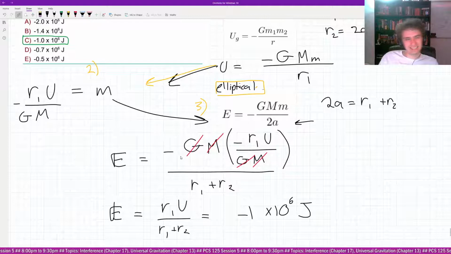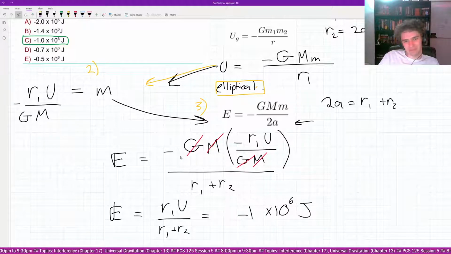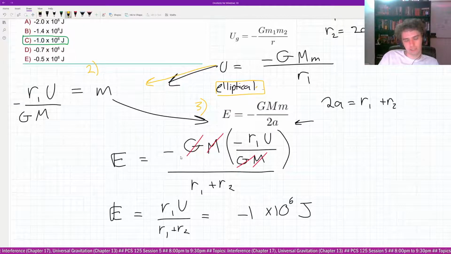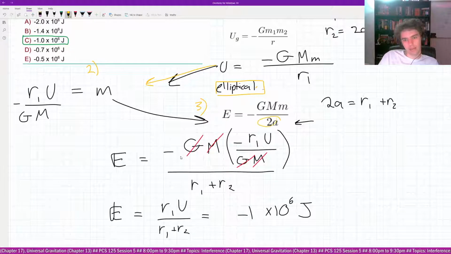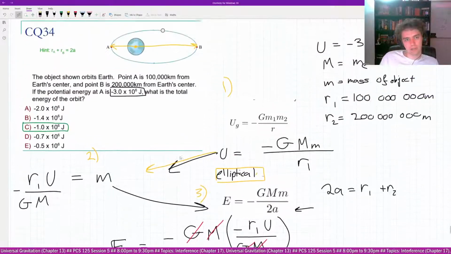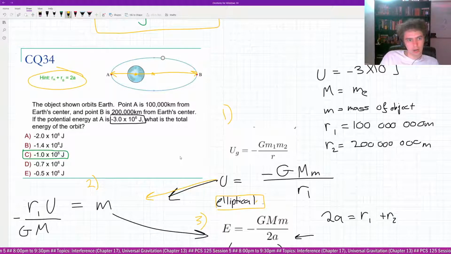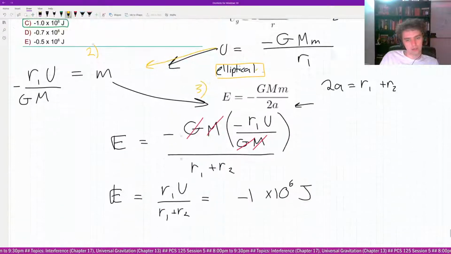So from the step here, we're looking for this. This is what the question is asking for: E total of an elliptical orbit. So what do I know? 2A I know. 2A is 2 times the long axis. That's this distance, which is just the distance between A and B. It gives us here even. It's just RA plus RB. It's R1 plus R2, which is what I called it.